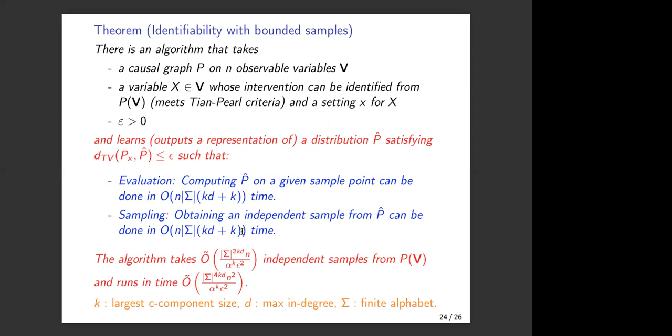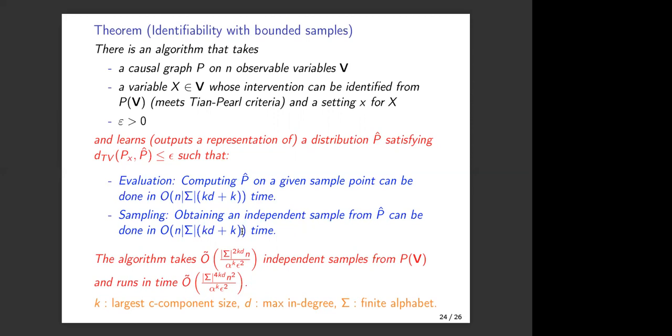You can also use this representation to get independent samples of p hat. The learning algorithm which outputs this is exponential in k and d, but linear in n.